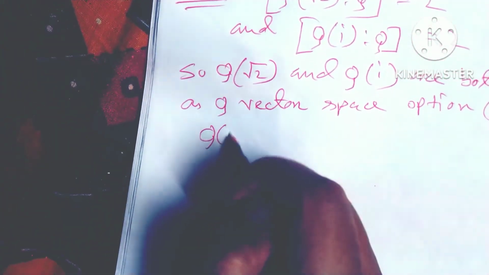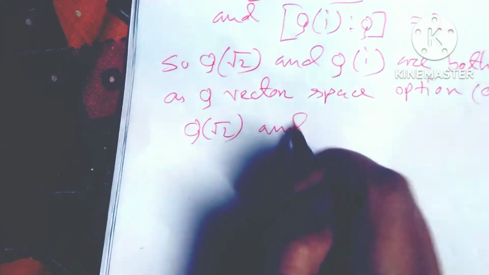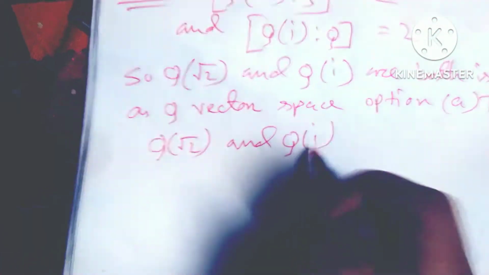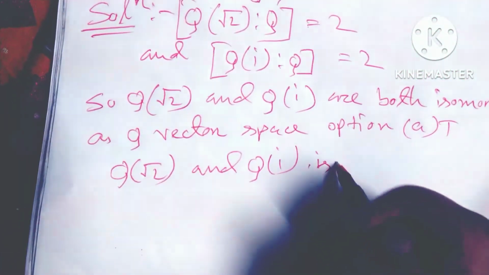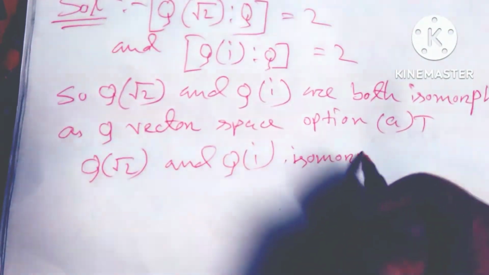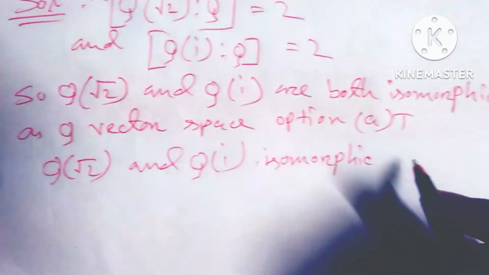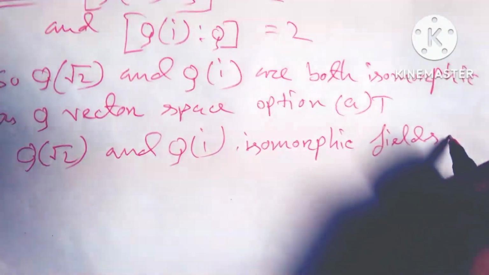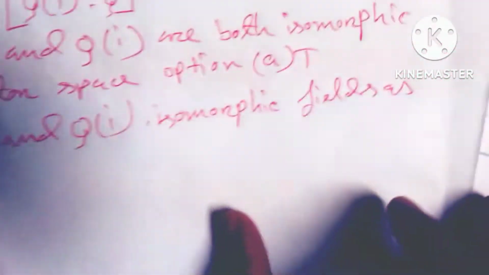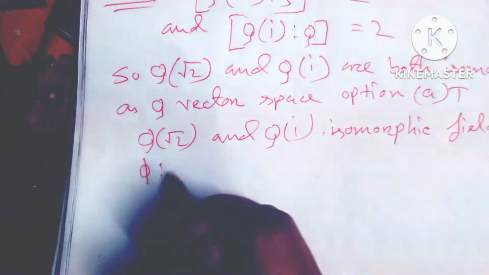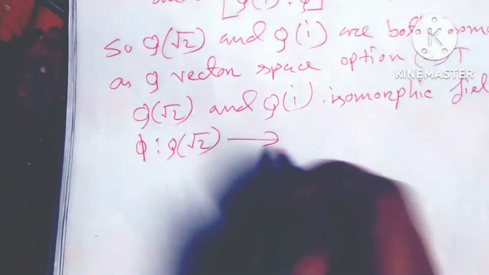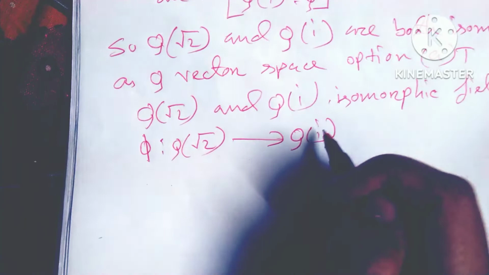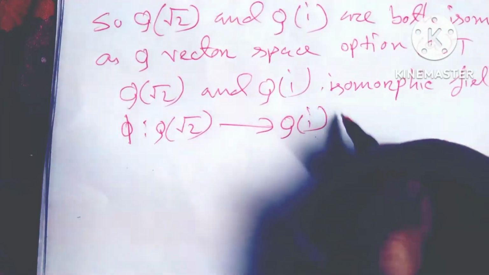Suppose phi such that phi from Q(root 2) to Q(i) is an isomorphism.